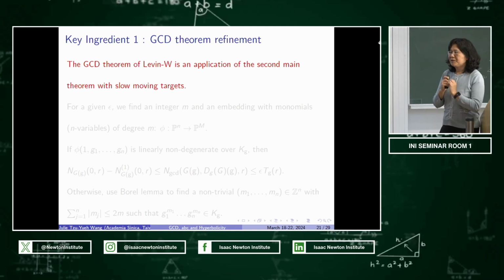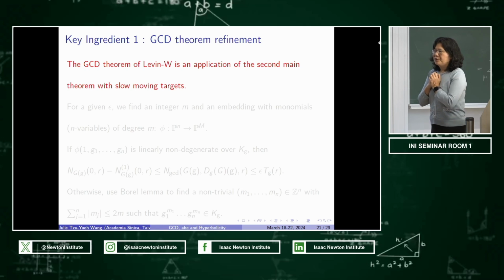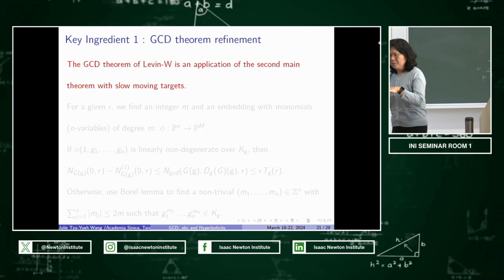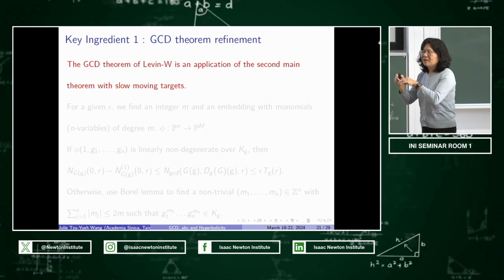Okay, so let me explain a little bit how the GCD theorem goes. As usual, everything depends on the second main theorem. And usually the technique is you start with something in P^n, then you want to embed it.